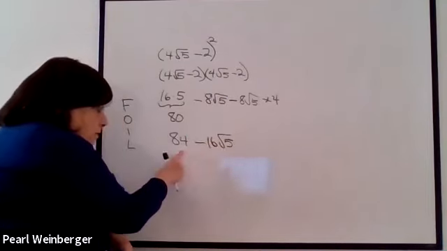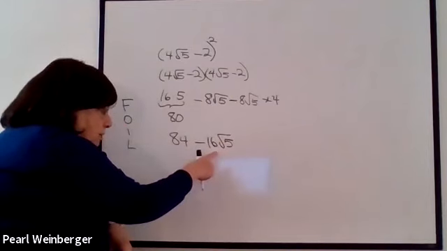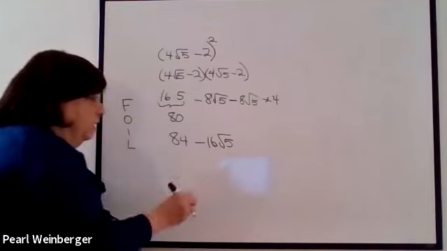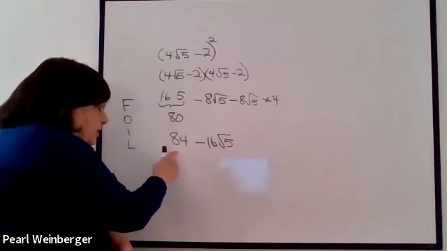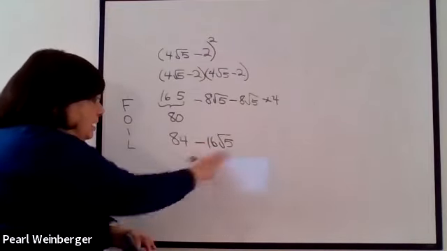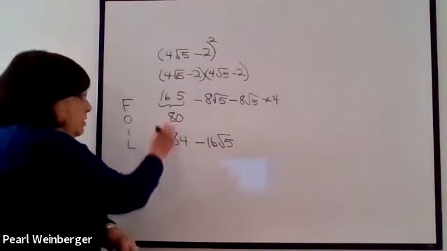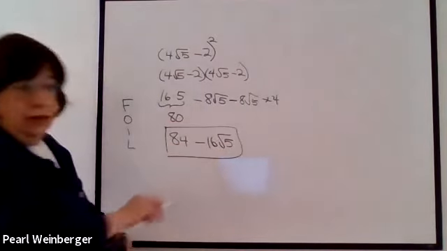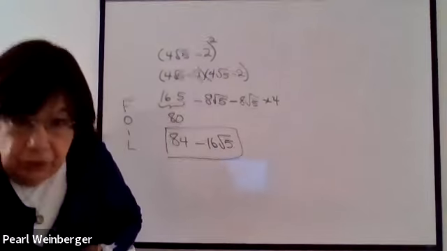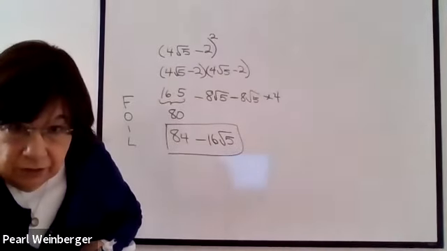And don't try to combine this 84 with the -16, because this -16 is connected to the radical 5. This is like having an 84 minus 16x. They are not like radicals. This would be your answer. I hope a bunch of people did get that answer.